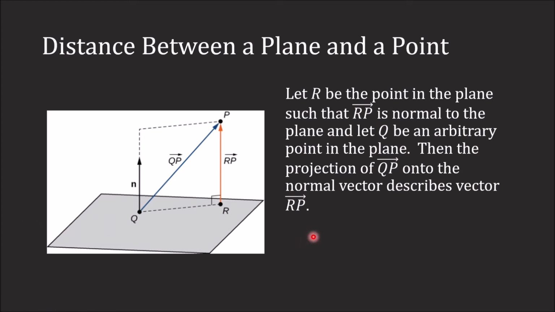So we let R be a point in the plane such that the directed line segment RP is normal to the plane. And we let Q be any arbitrary point in the plane.